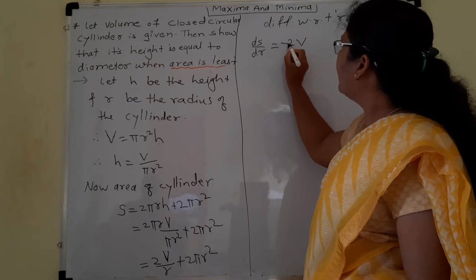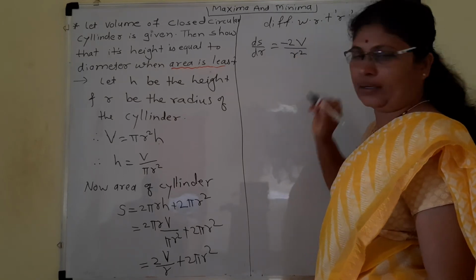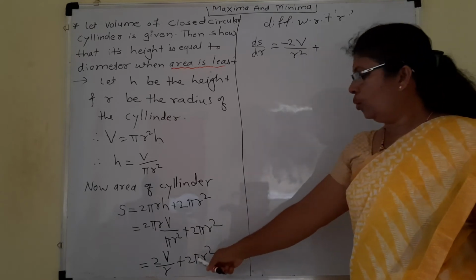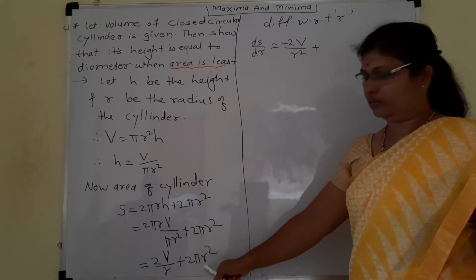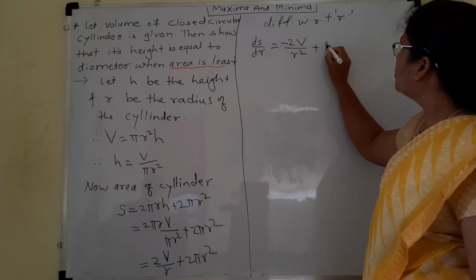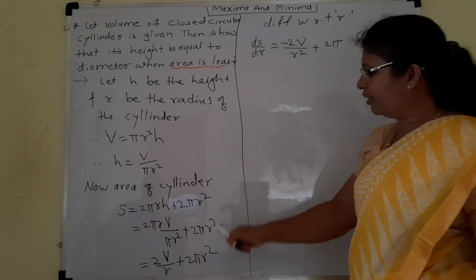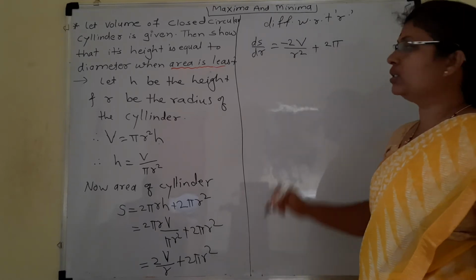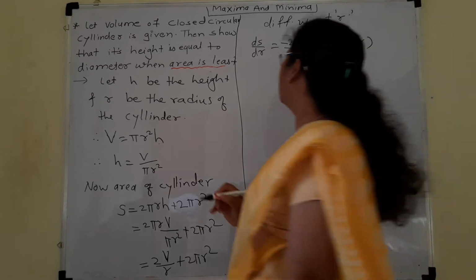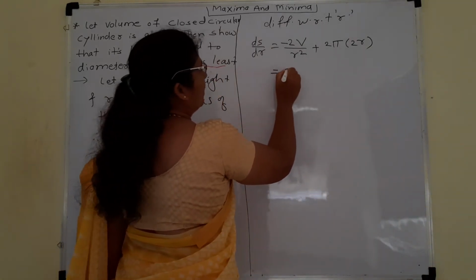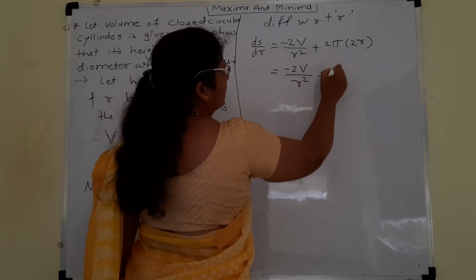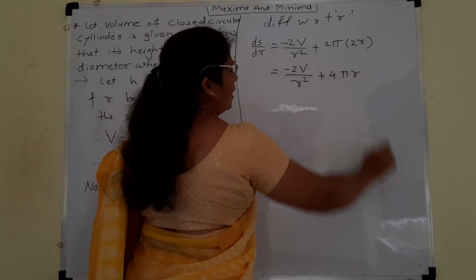It is minus 1 upon r square, plus 2 pi r square. So 2 pi is constant, and the derivative of r square with respect to r is 2r. So ds upon dr is equal to minus 2v upon r square plus 4 pi r.